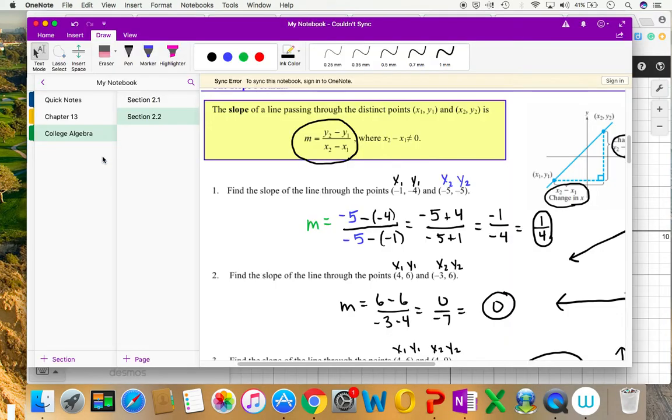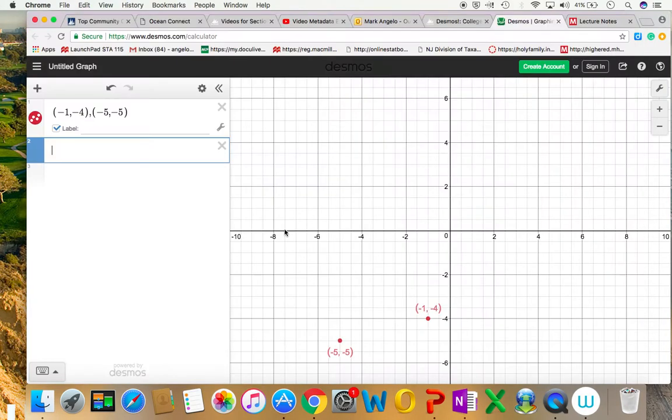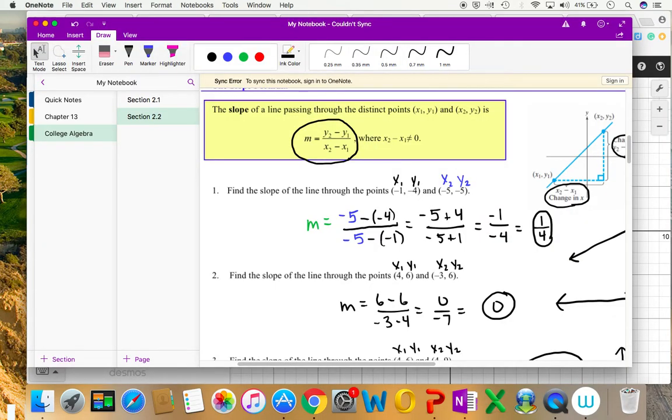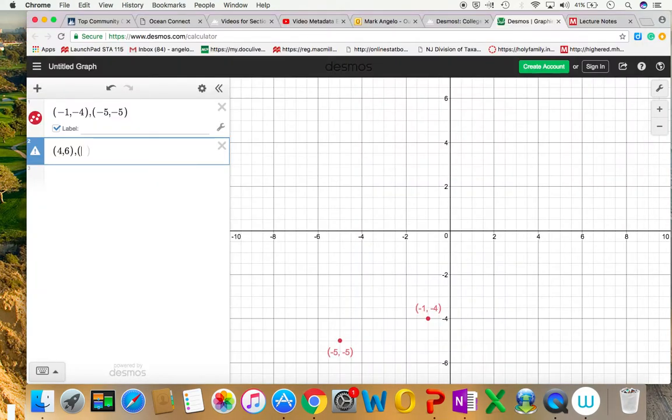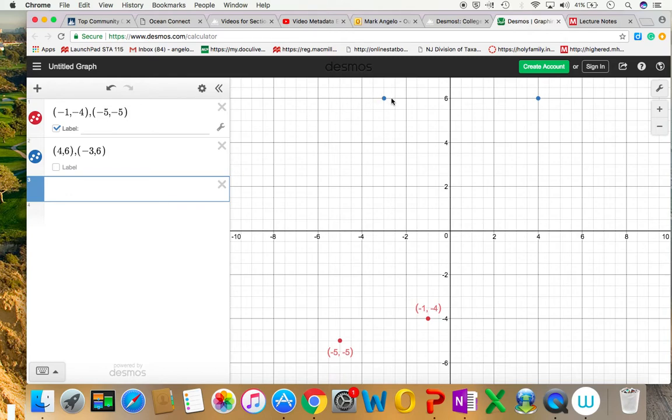Okay. So my next 2 points were 4, 6. So 4, comma 6, and -3, comma, 6. Once again, if I press enter, where are these 2 points? Well, let's label them so it's easier to see.